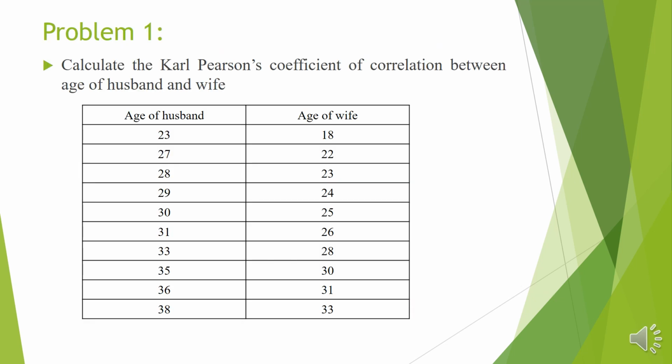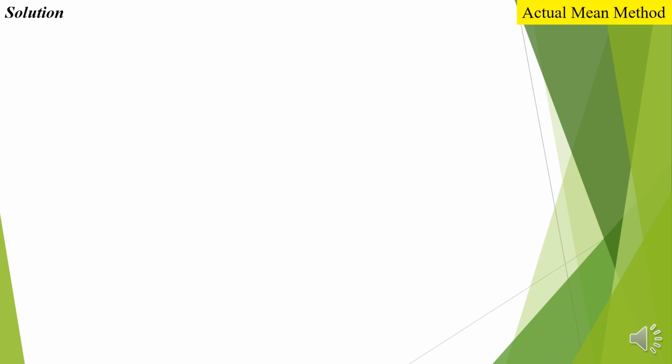Calculate Karl Pearson's coefficient of correlation between the age of husband and wife. The age of the husband is given in the first column, and the age of the wife is given in the second column. Let us take age of husband as X and age of wife as Y. We will follow the first method, that is the actual mean method.